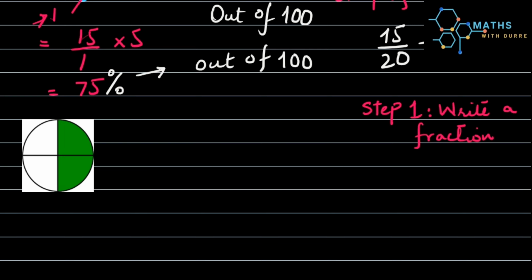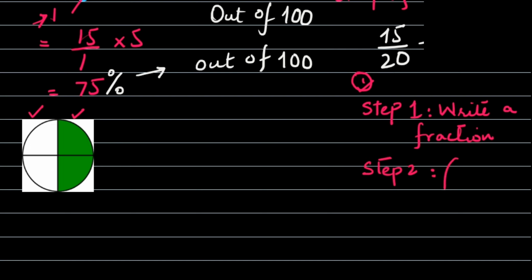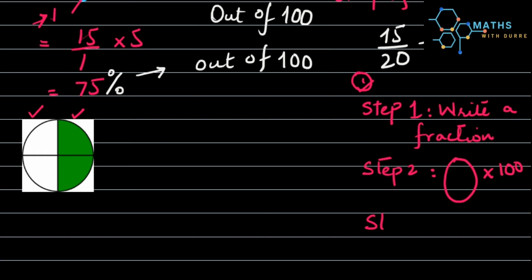Sometimes we need to calculate the unshaded part and sometimes the shaded part. So I will go with the shaded part first. The first step is to write a fraction, and then step 2 says what? You have to multiply the fraction by 100, and after simplification you can get the answer. Step 3 is the final step, and that is simplification.